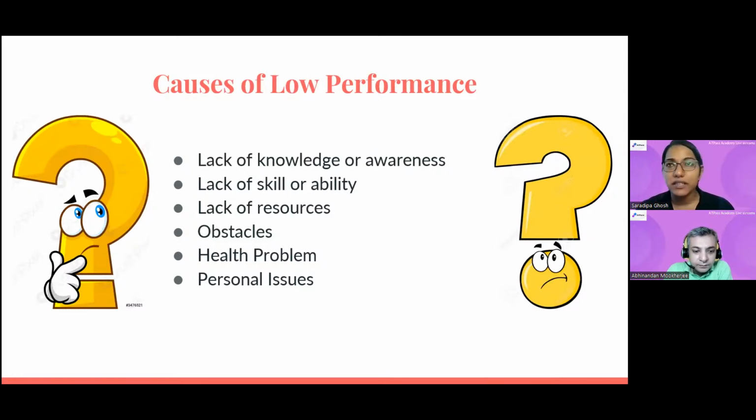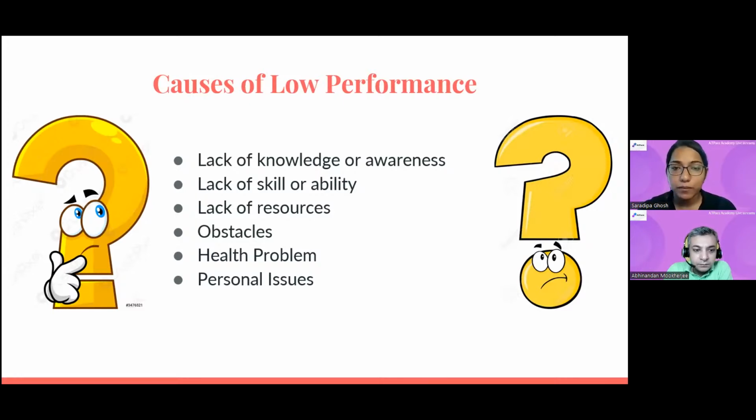Lack of resources can mean lack of money, knowledge, equipment, people or suppliers, and this can make you perform really low. Then there are obstacles. Technological barriers can be there, and people might feel individual, personal obstacles. This may lead to low performance.